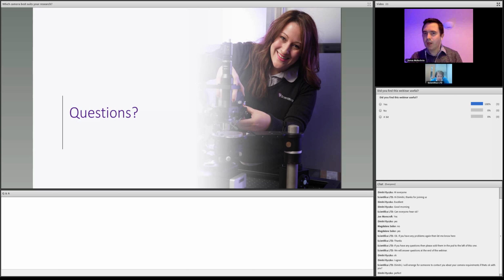If 30 hertz is okay for you, and you have a camera that can run 100 frames a second, by setting a 33 millisecond exposure time, you're collecting a single image and still running at 30 hertz, because you're just increasing your exposure time.